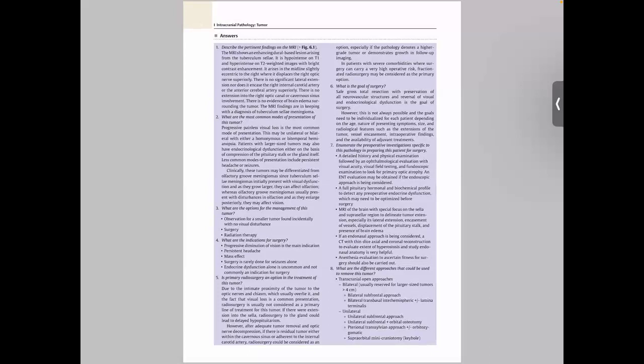I think there's another difference between the two, but I'll read it up for the olfactory groove meningioma when we talk about it, so I can elaborate more on how to differentiate between Foster-Kennedy and pseudo-Foster-Kennedy syndrome. But Foster-Kennedy is just a triad of anosmia, ipsilateral optic atrophy, contralateral papilledema.